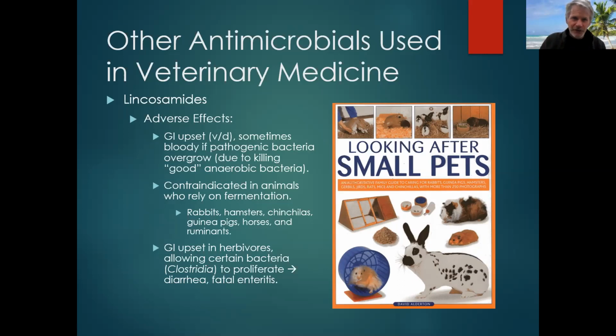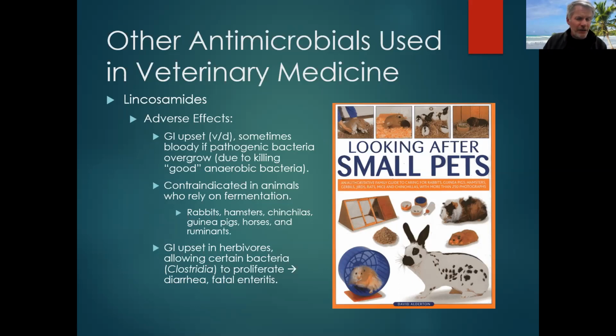You kill them off, suddenly some bad guys can bloom. And this is also why this is truly a contraindicated drug in animals who rely on fermentation. So that would be the herbivores, rabbits, hamsters, chinchillas, but even horses and ruminants.